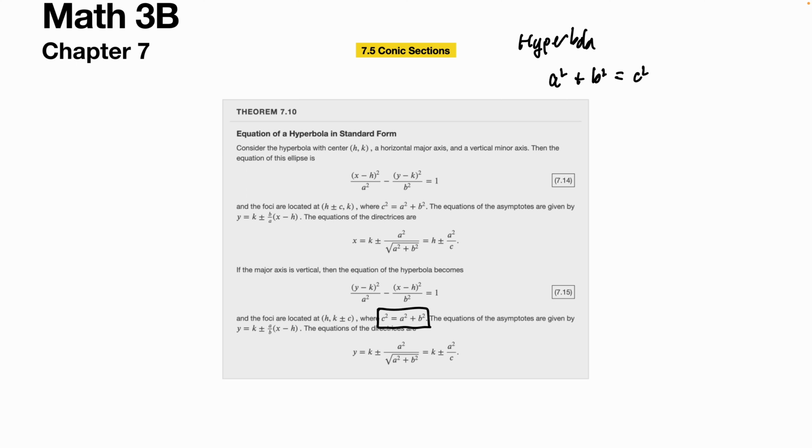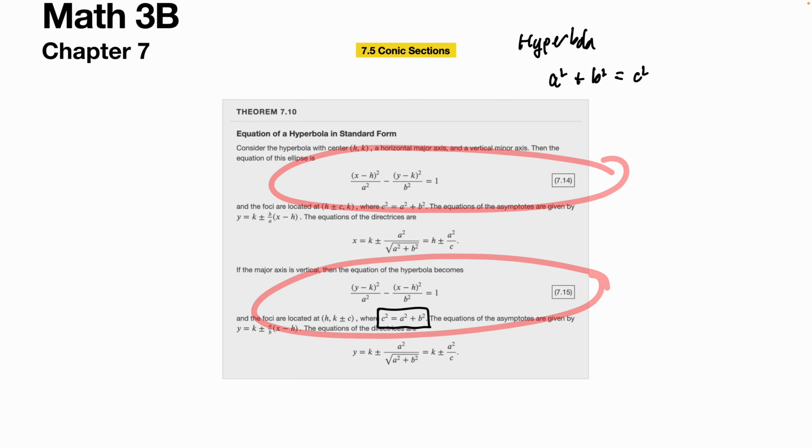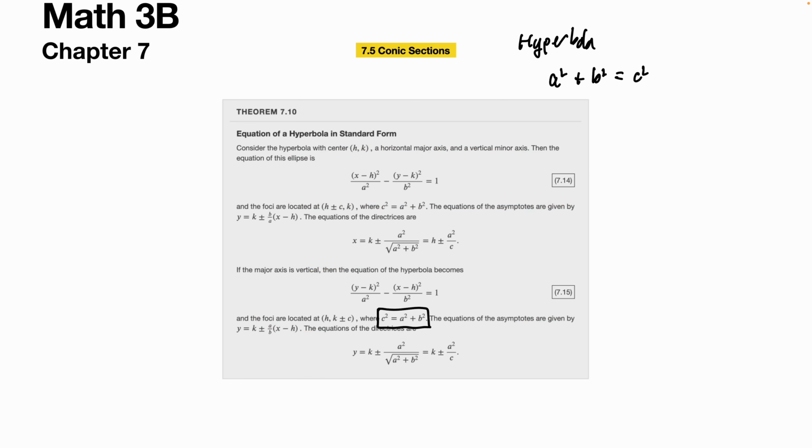The other thing to comment on is these two equations: how can we glance at them and quickly know whether the transverse axis is horizontal or vertical? Well, that's pretty easy.